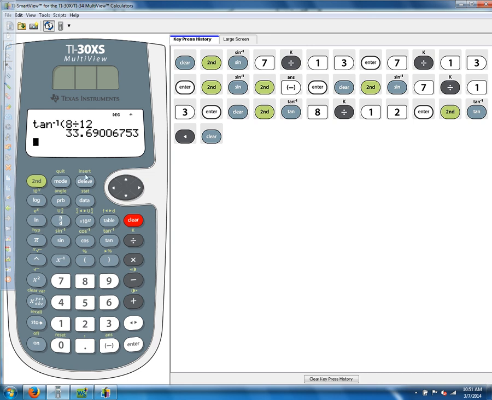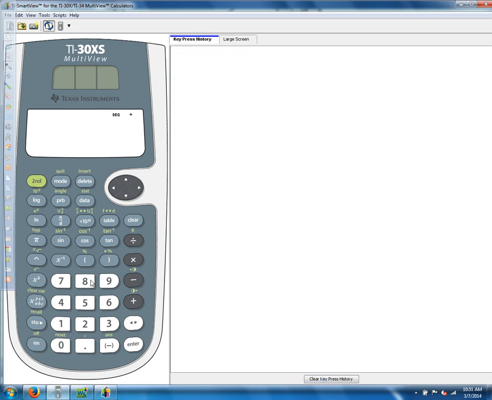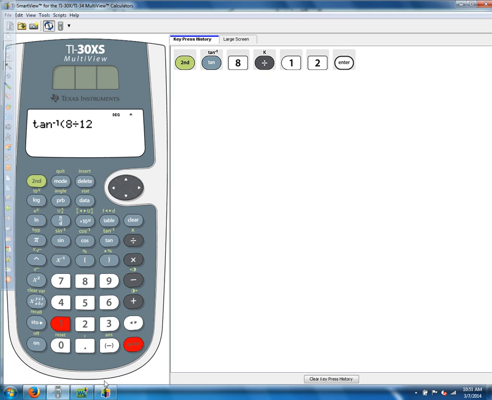So make sure you have a parenthesis there. Most calculators do it automatically, but just in case. So what did we have? Inverse tangent of 8 divided by 12, and we had 33.69.